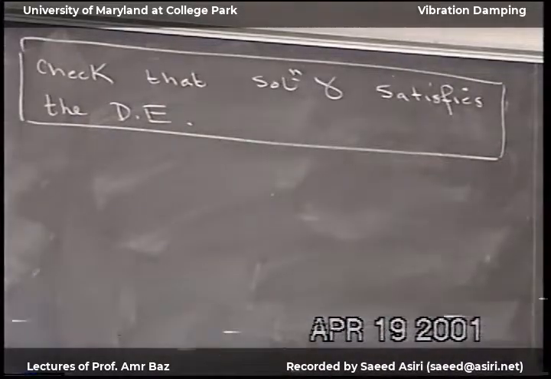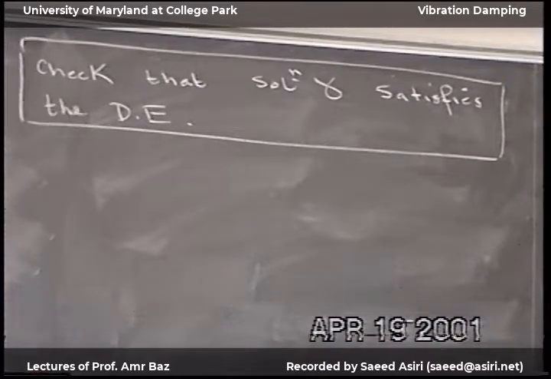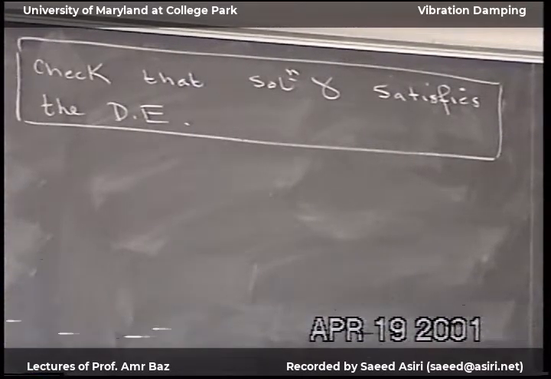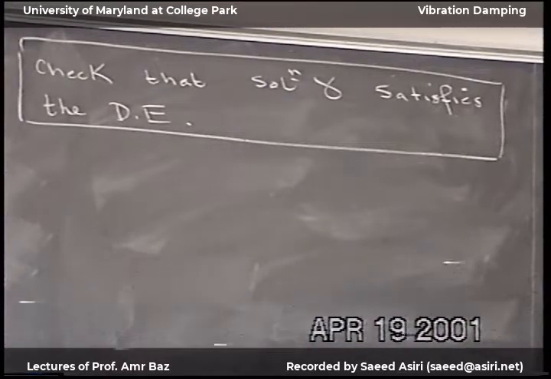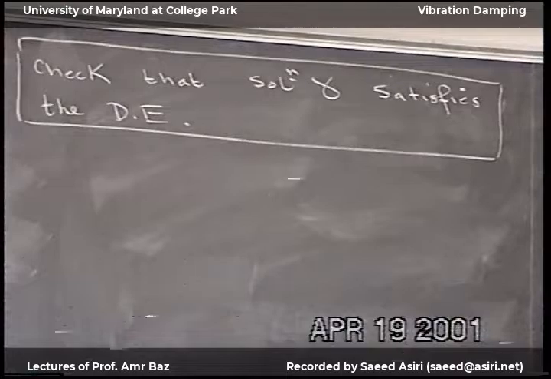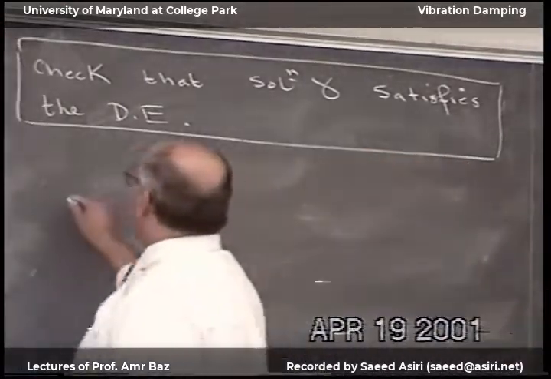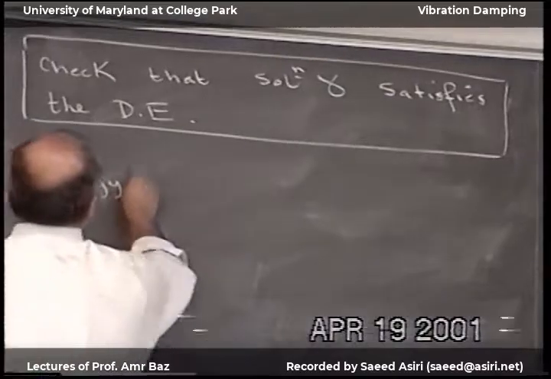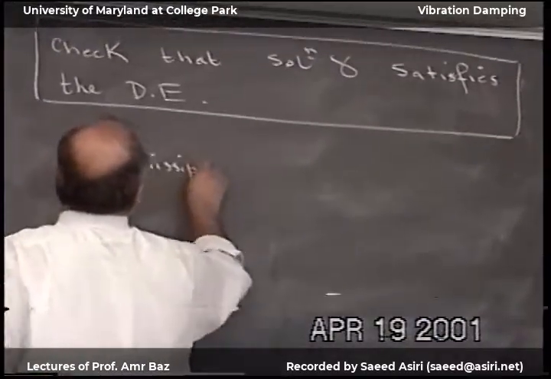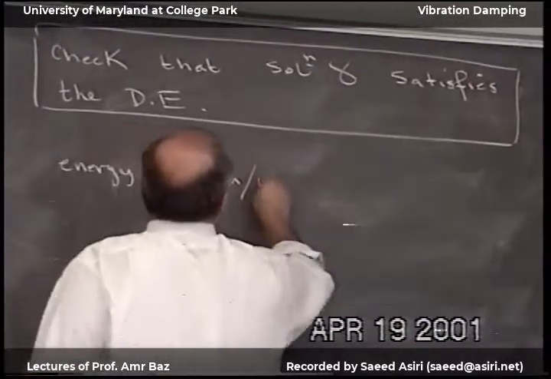Now we have the gamma. I need two pieces of information: this energy per unit length and the energy, so I can calculate the loss factor. So now we can calculate this term from the previous lectures, the energy dissipation per unit length.